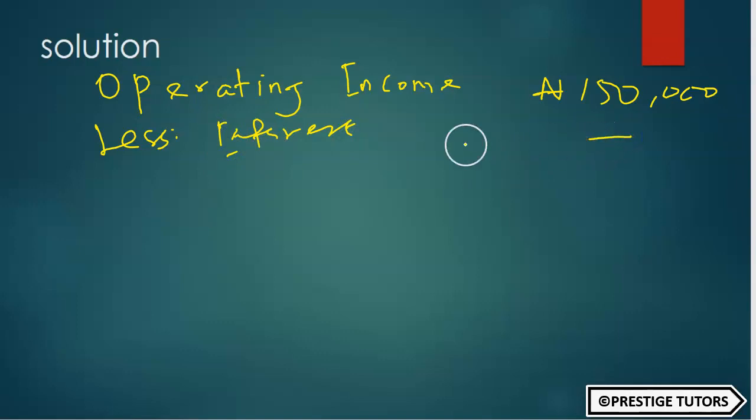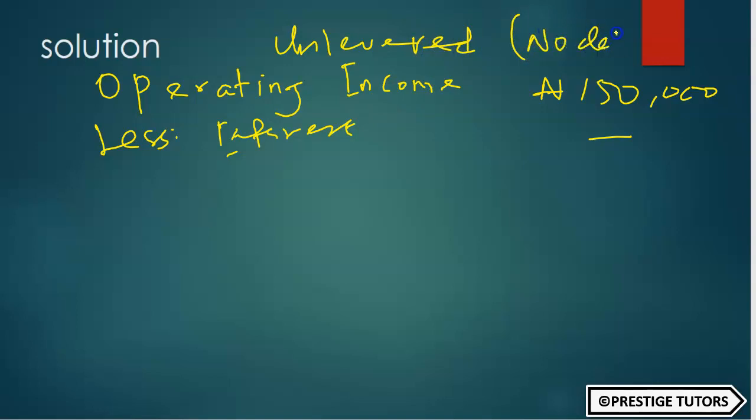Nil, because we are looking at the first scenario, that means unlevered. That is no debt. At this point, there is no interest to be paid.